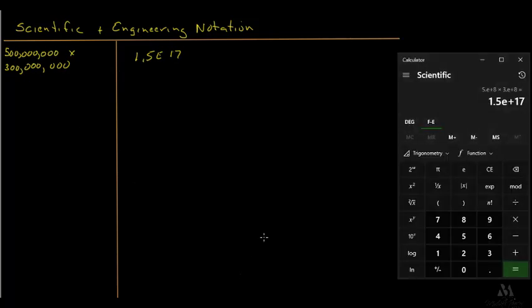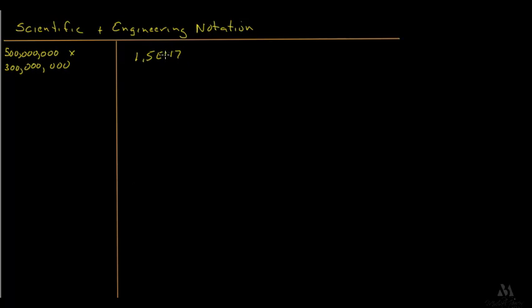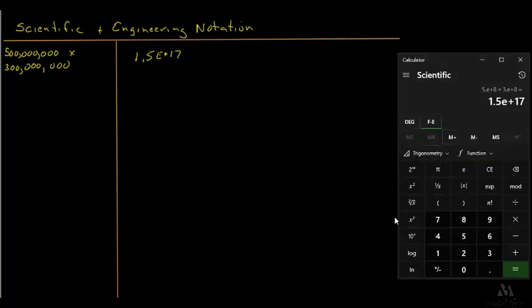Oh, little plus sign here. What exactly does that mean? Well, if we look at the calculator and I put it back in pure decimal mode, we have a number that looks like this. It's a huge number.